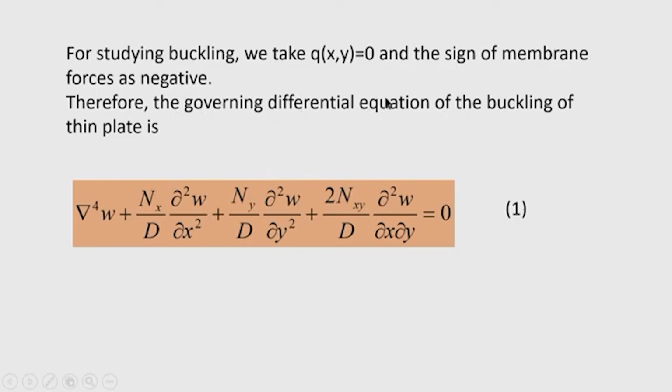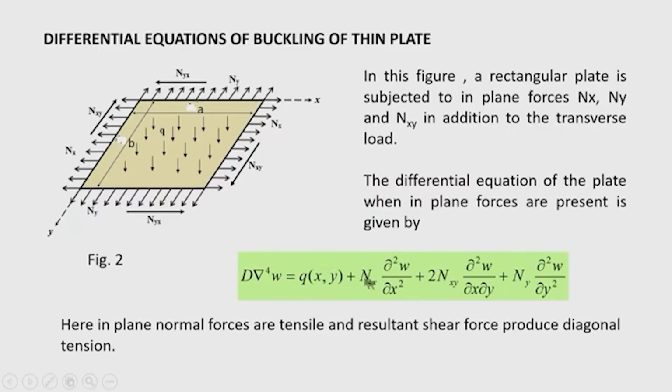Therefore, the governing differential equation of the buckling of thin plate becomes like that, del^4 w plus Nx/D del^2 w/del x^2 plus Ny/D del^2 w/del y^2 plus 2 Nxy/D del^2 w/del x del y equal to 0. You can see in the earlier equation, in the right hand side Nx, Nxy and Ny were appearing.